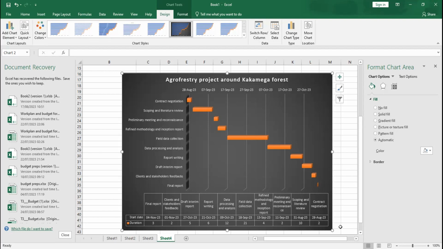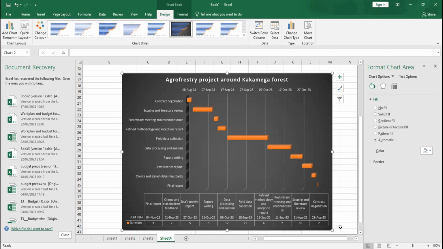We don't add all the personnel, but the person in charge of scoping and literature review, the person in charge of field data collection, the person in charge of data processing and analysis, the person in charge of report writing. Remember, I'm giving people responsibility, and I, as the project manager, will be the overall. So every person will do their task, but you report to me so that I do a review.